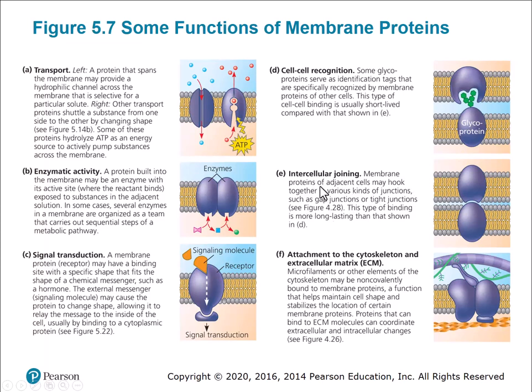Also our gap junctions, but those are more of a tunnel like our channel proteins. And then attachment to the cytoskeleton and to the extracellular matrix, as I pointed out in the first slide. So it allows the cell to recognize and connect the outside to the inside, allowing a continuous connection between the external environment and the internal environment.